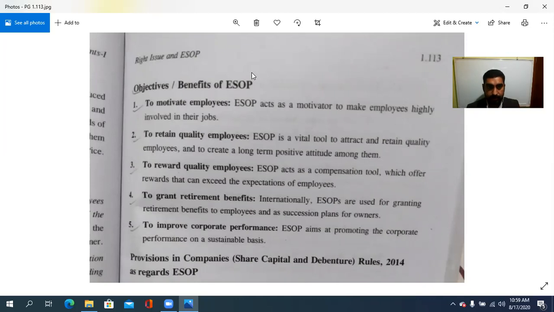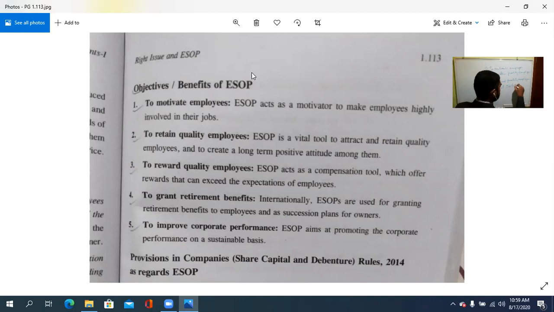Motivate the employees. So objectives: number one, to motivate employees. Number 2 is to retain, what is that? Quality employees. Then third is what? To reward quality employees. Then fourth, to grant, what is to grant?